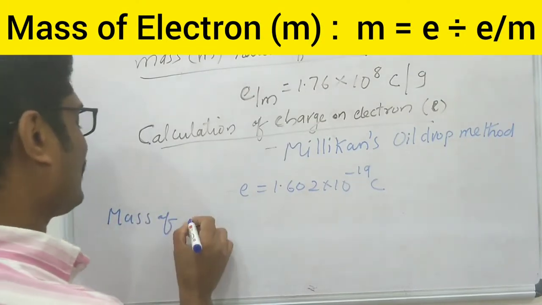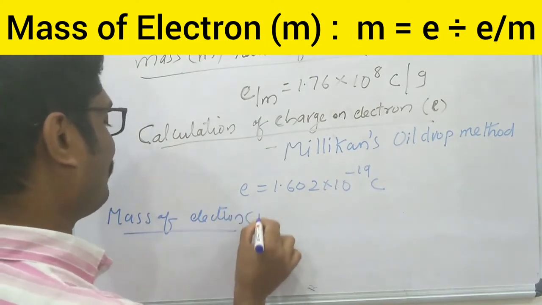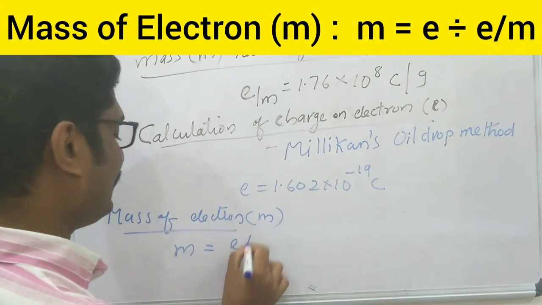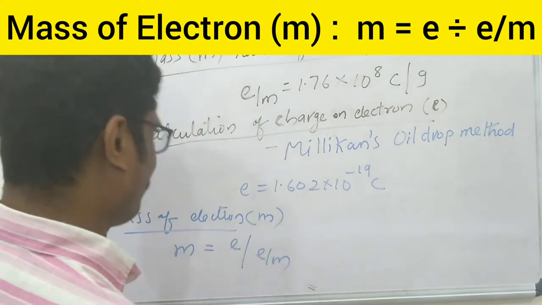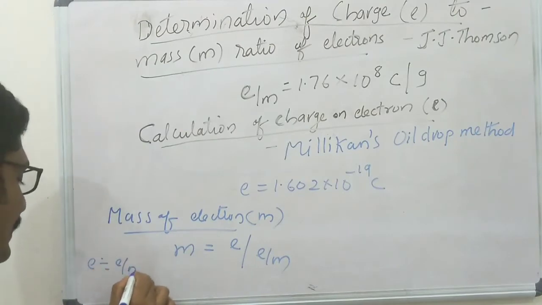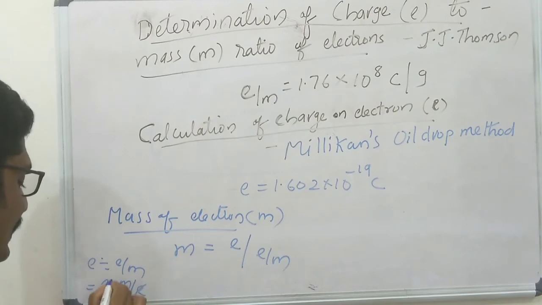Then how can we calculate the mass of electron? Mass of electron m is equal to e divided by e/m. Am I right? e divided by e/m means e into m by e, e cancels.